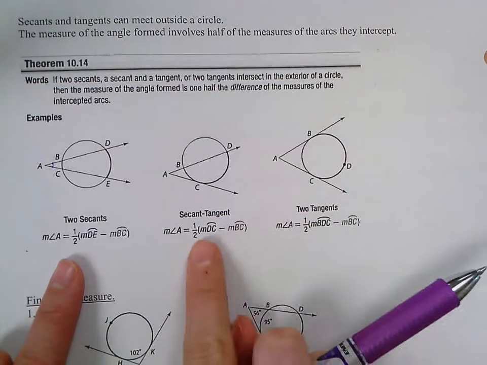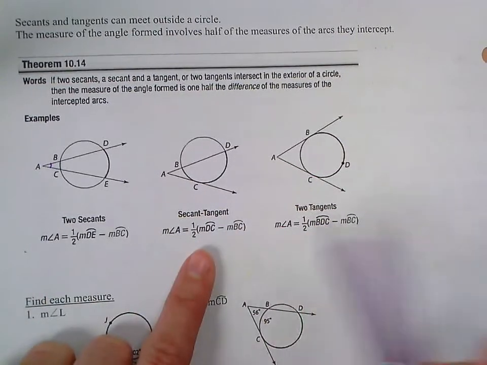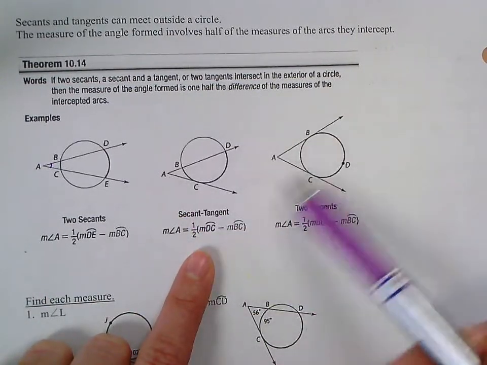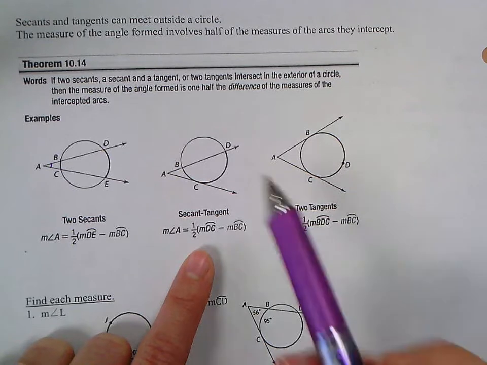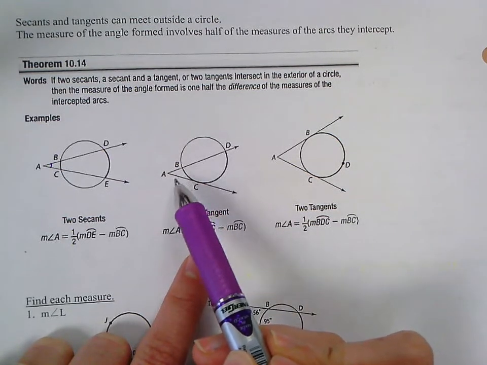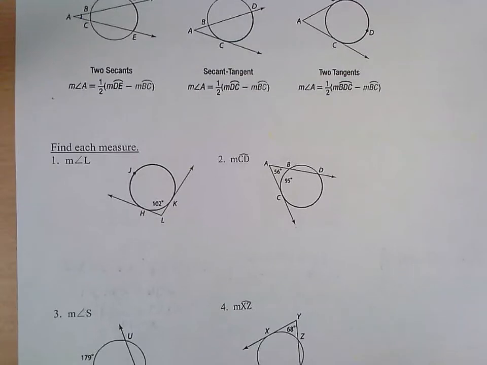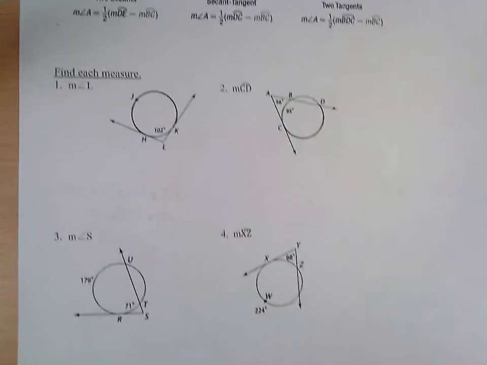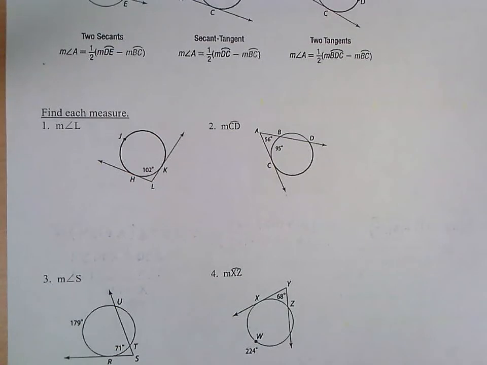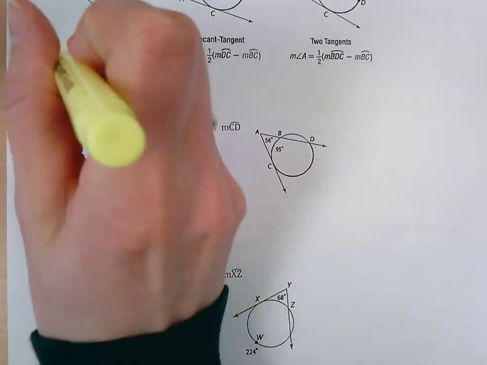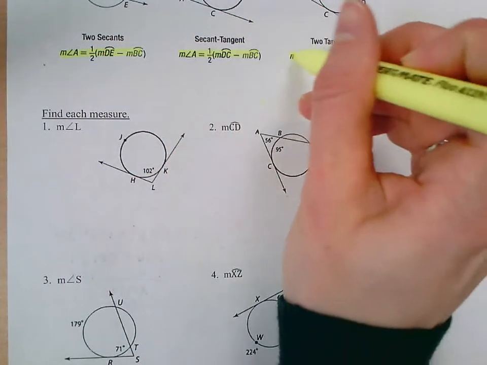And that formula is the same throughout these. It's just, again, labeled differently because of where the intersections occur. But again, that's when you have a vertex outside of the circle formed by two secants or two tangents or one of each. So if I look at the examples below, I'm just gonna highlight these.